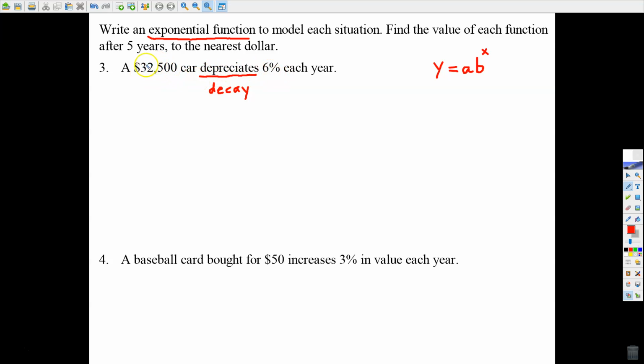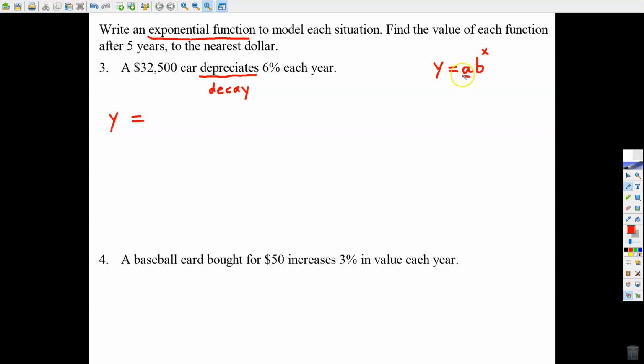It's not worth $32,500 like it was when it was brand new. So it loses value. That's just another way of explaining the word depreciates. All right, so the initial value, the new car cost, is $32,500. That's what A represents.